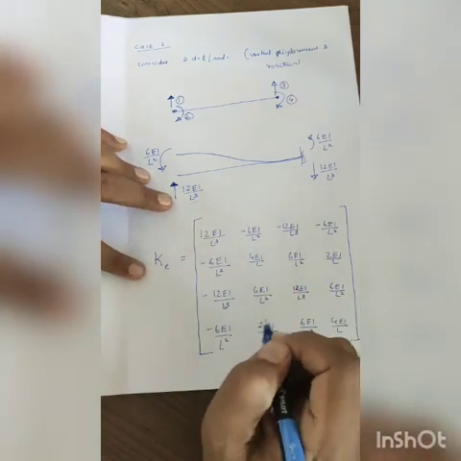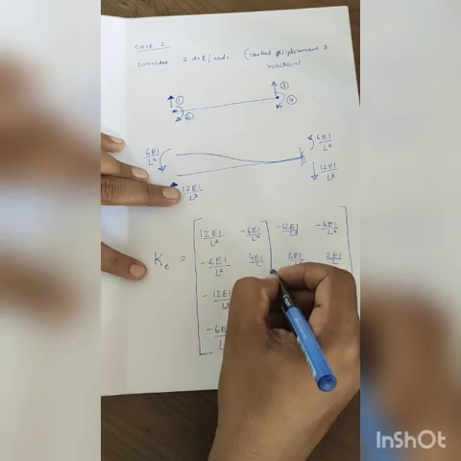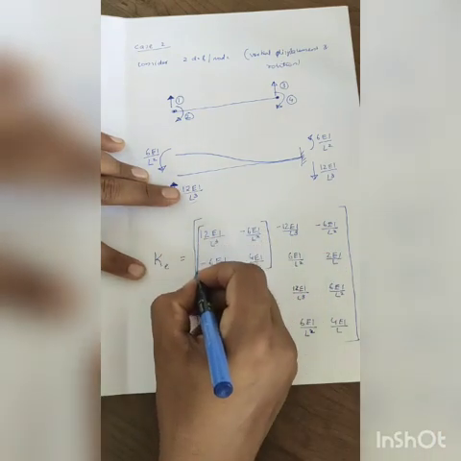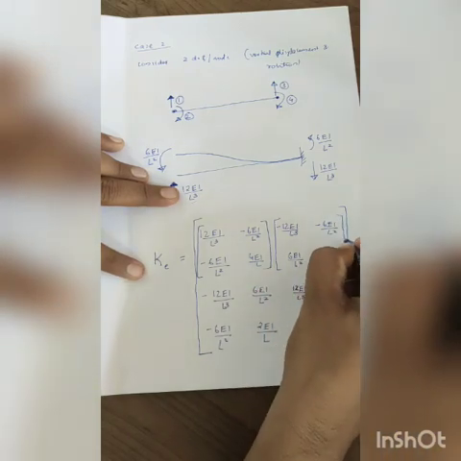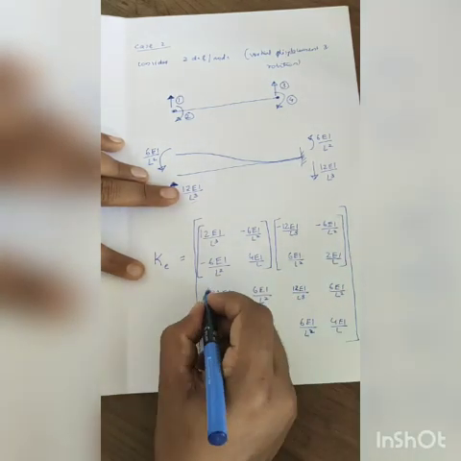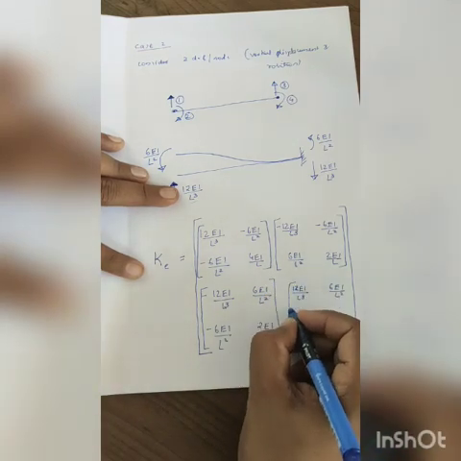So there is a technique to write this equation. If you closely observe this matrix, you can bifurcate this into 4 small matrices.